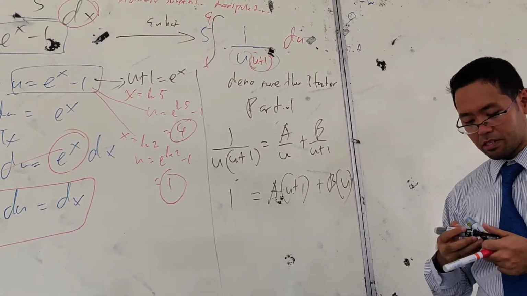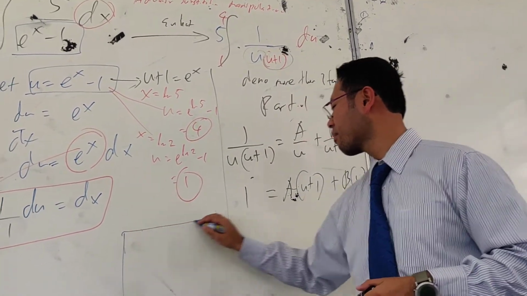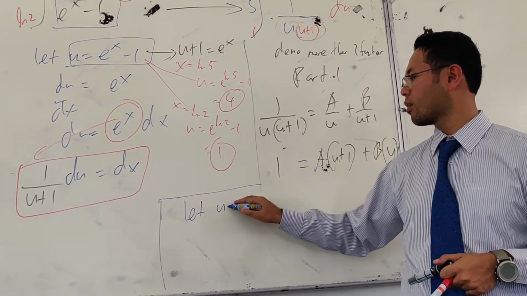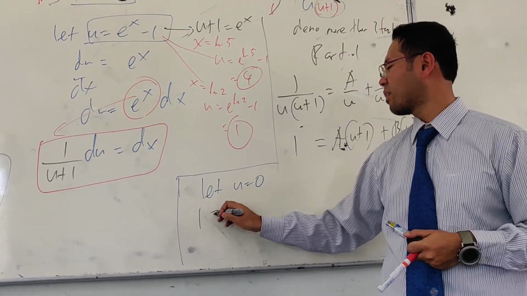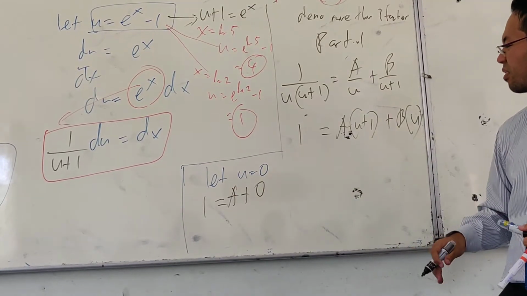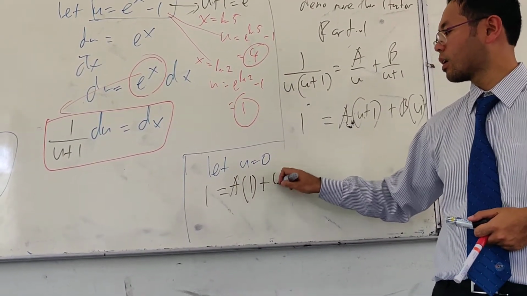Over here there's nothing much, just solving the partial fraction. We do them, that u equals 0, 1 equals A plus 0. I'm not that comfortable, I like to do it this way.